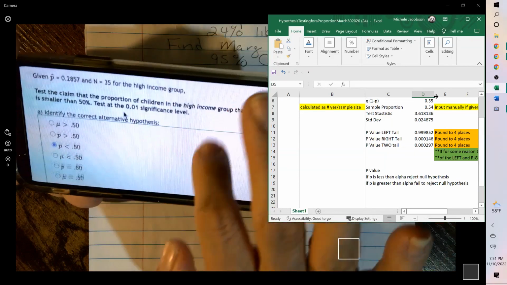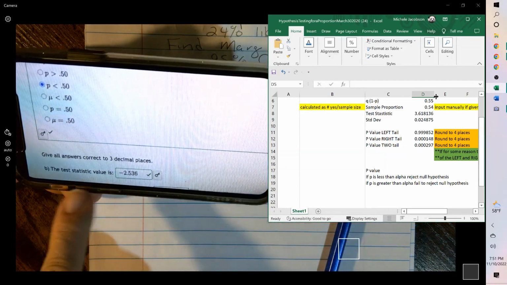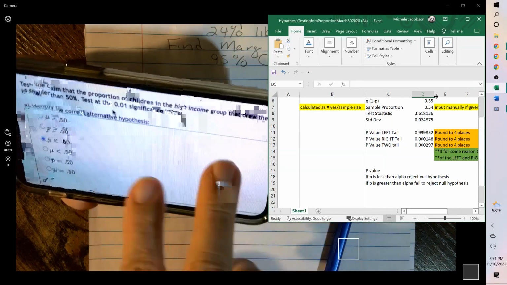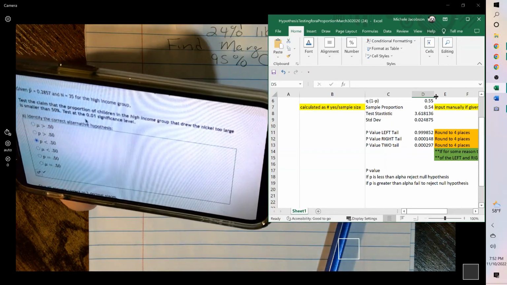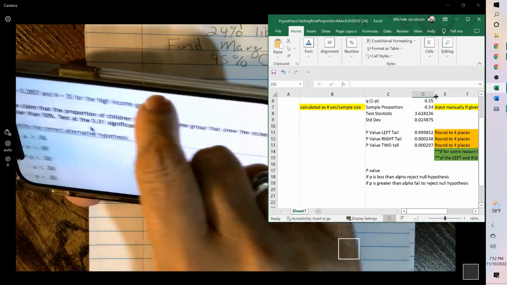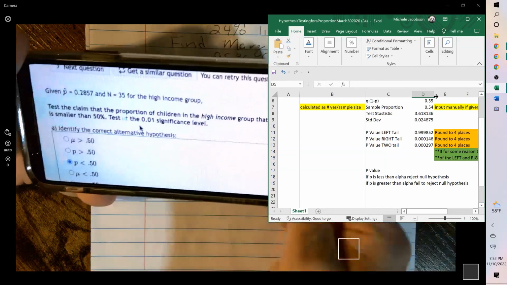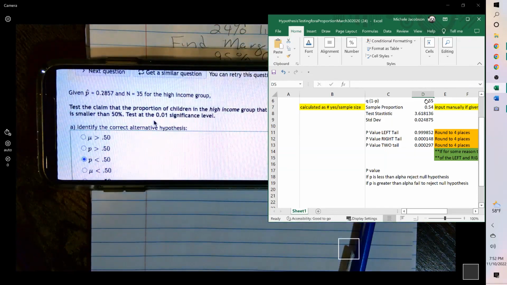Is that the only part? Oh, there is one more. Yeah, so then we need to find the test statistic. Oh, they gave us 0.01, right? Oh, there it is. I didn't even notice up here. Okay, so this is from our sample. So then we'll come over here and delete what's there.